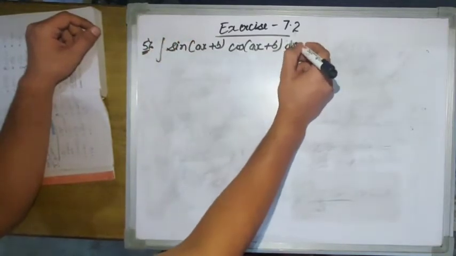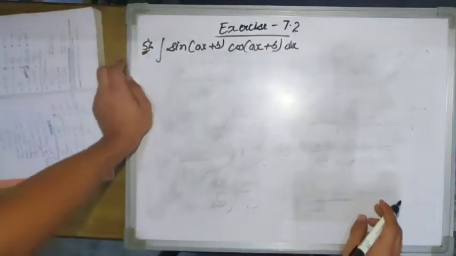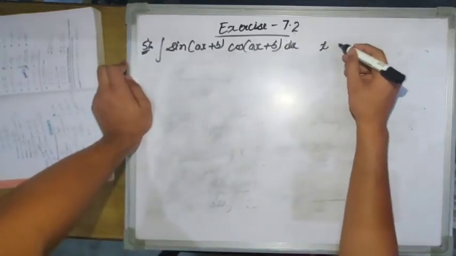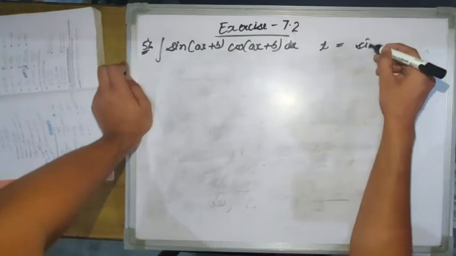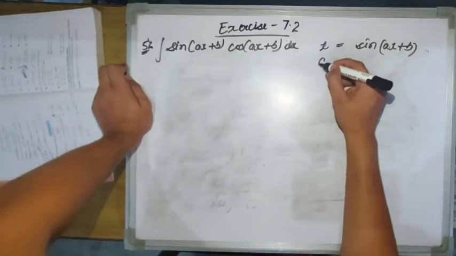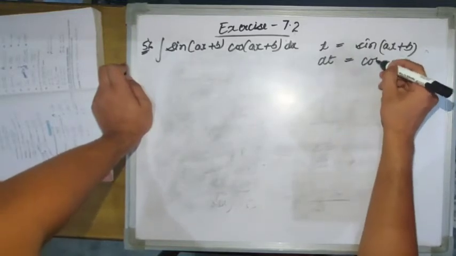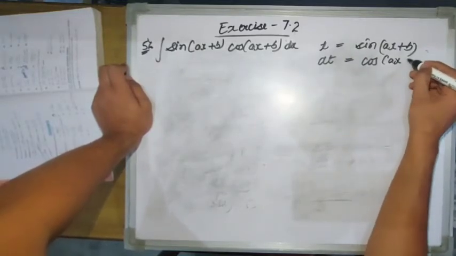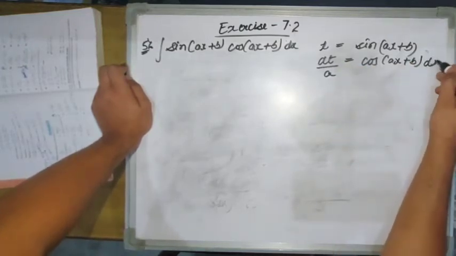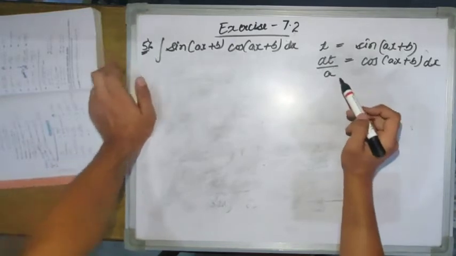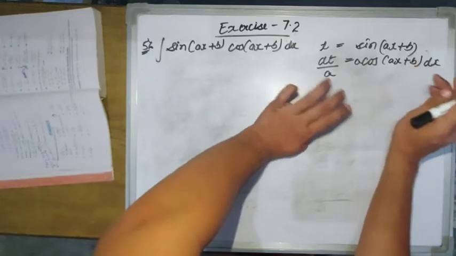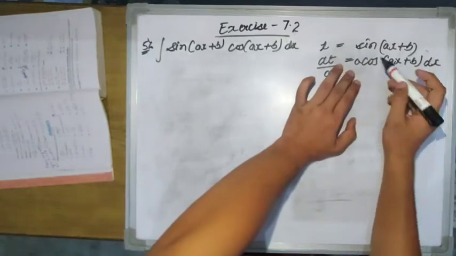So I am going to take sin(ax+b) as t. Then cos(ax+b) dx equals dt upon a, because the derivative of ax+b is a, so this is the differentiation of sin(ax+b).